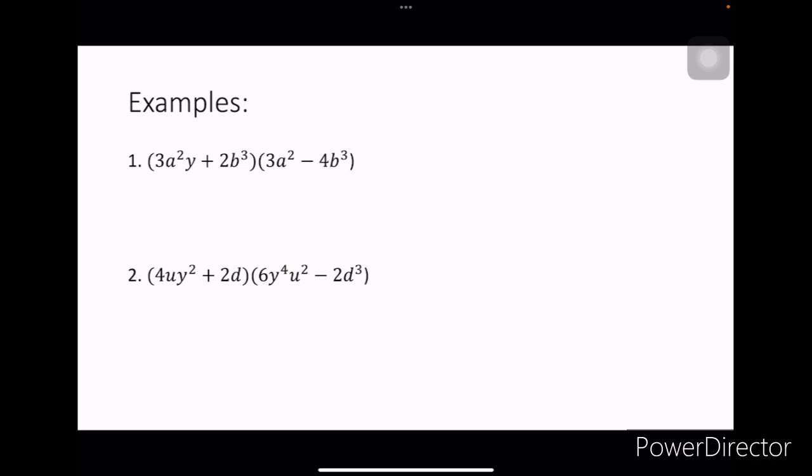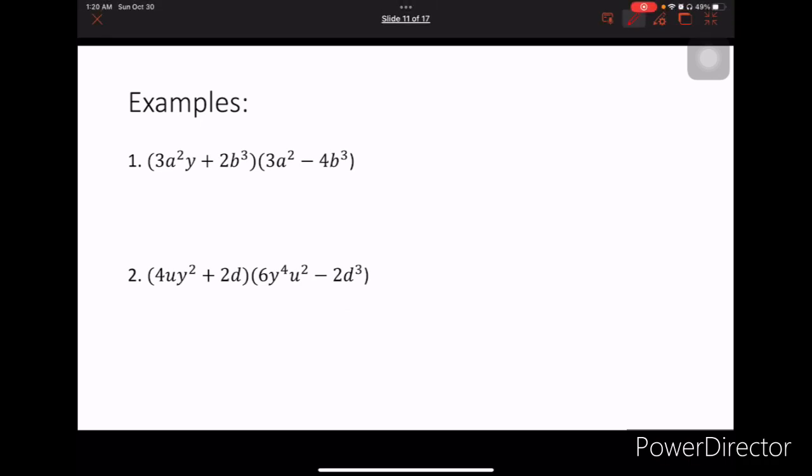So let's have this example. For the FOIL method, you have the quantity 3a squared y plus 2b cubed times the quantity of 3a squared minus 4b cubed. Again, if you check this, the terms are not the same. They don't have common terms for each factor. So with that, you may use the FOIL method. Let's start with the first terms.